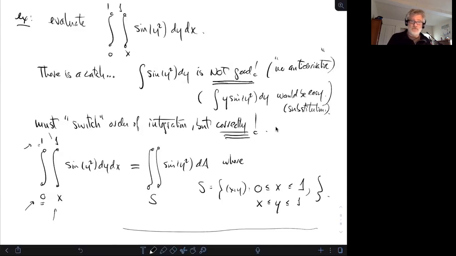So that's all I'm doing. So I haven't switched things around yet. Now what I want to do is look at S. What does it actually look like? Okay, so let's see what S looks like.